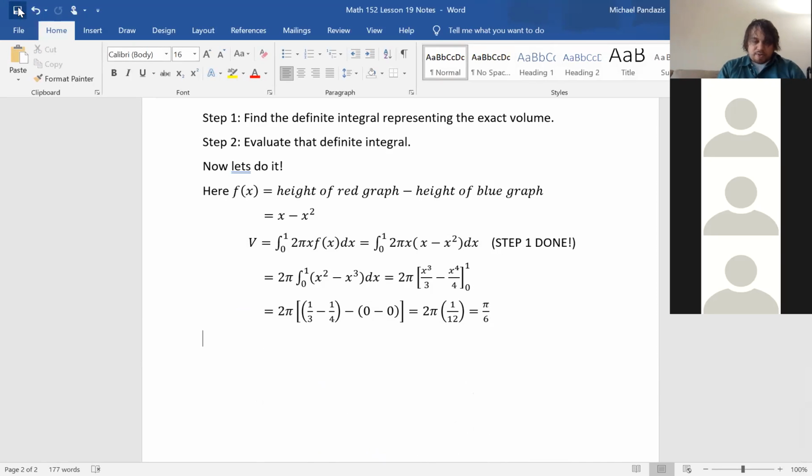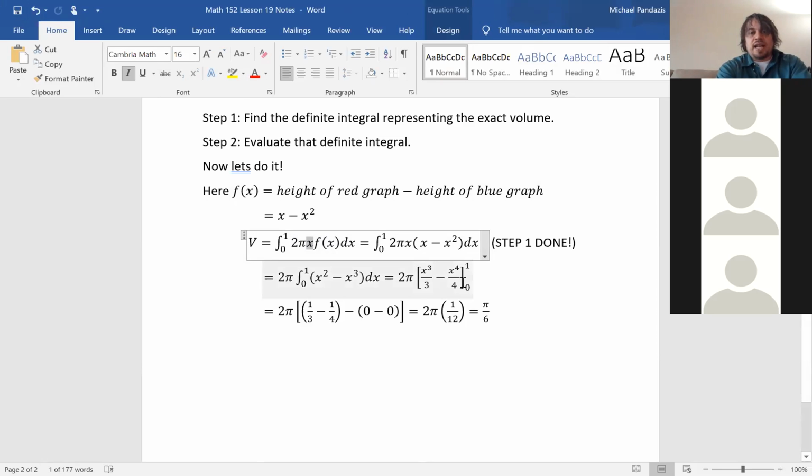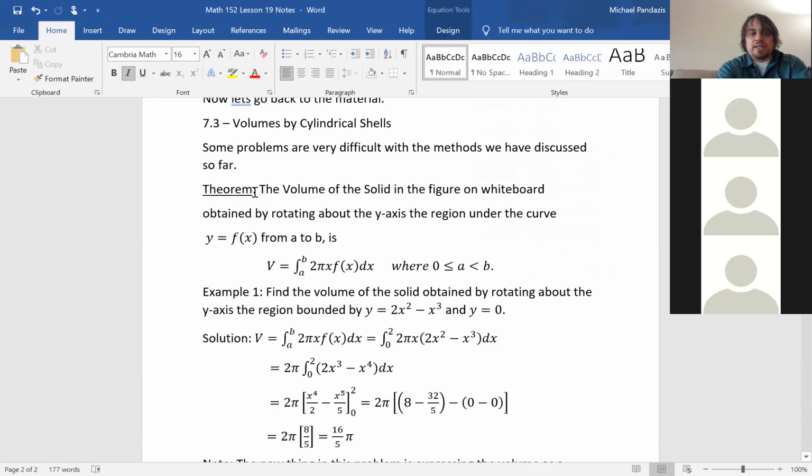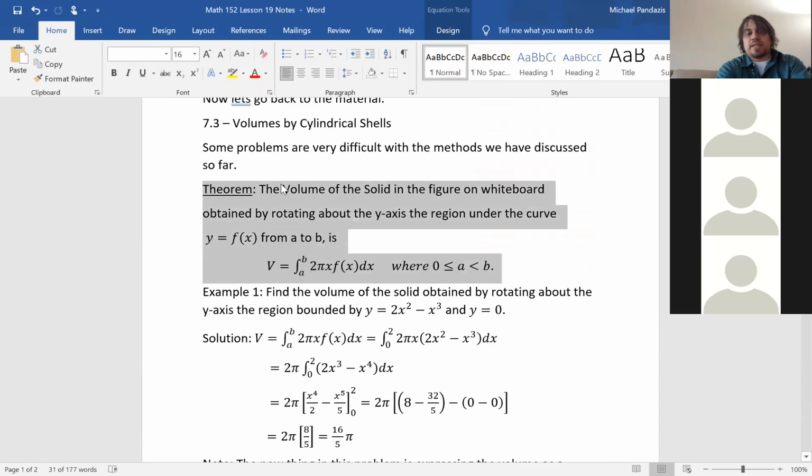Okay. Could you explain how to get the radius again? Sure. The radius here is x. And the general formula for this type of problem says the volume of the solid obtained by rotating about the y-axis the region under the curve y equals f of x from a to b is this.